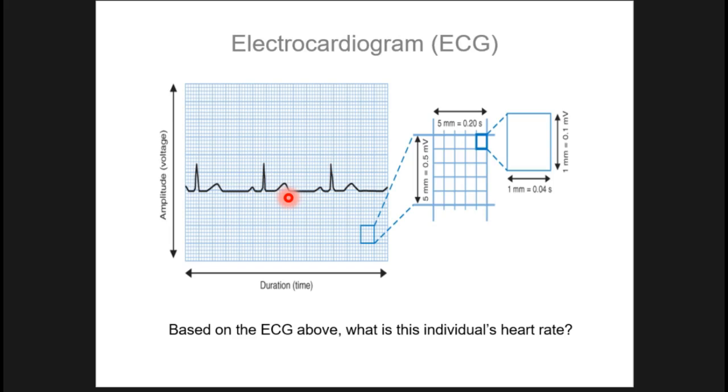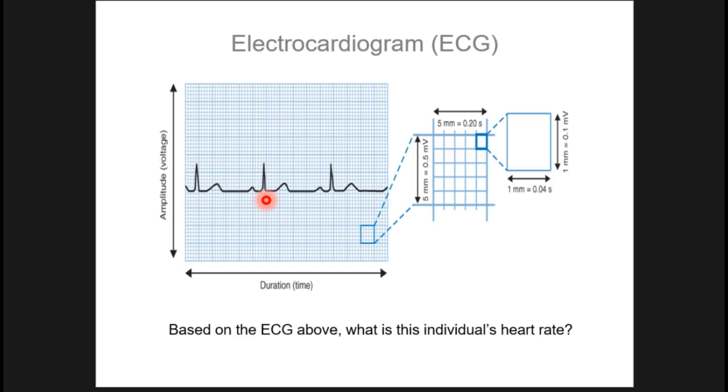The P wave indicates depolarization of the atria, which means that atria are contracting. So that's the electrical signal that means atria are about to contract. The QRS complex, that's the Q, that's the R, that's the S. It's much larger.